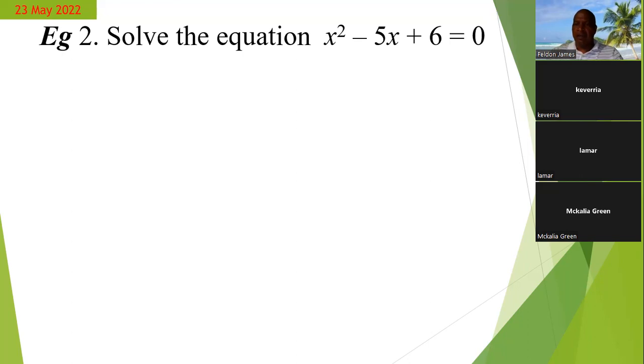So solve it as x is equal to what? x minus 3 in bracket and x minus 2 in bracket equals. No, that's not the solution. The solution is when you actually find a value for x. So just leaving x minus 3 and x minus 2, that's not the solution.